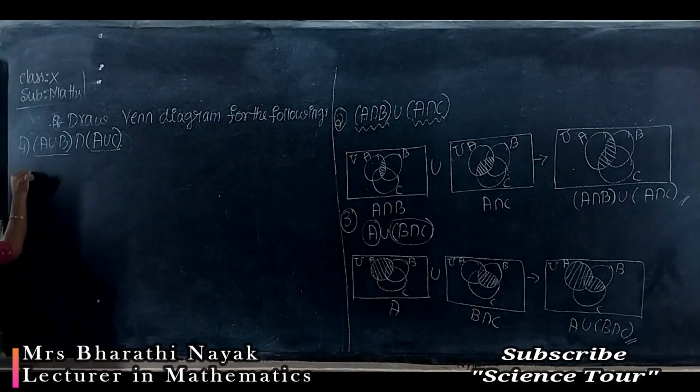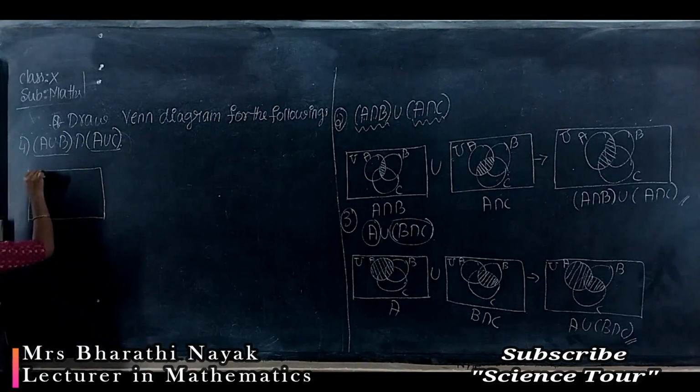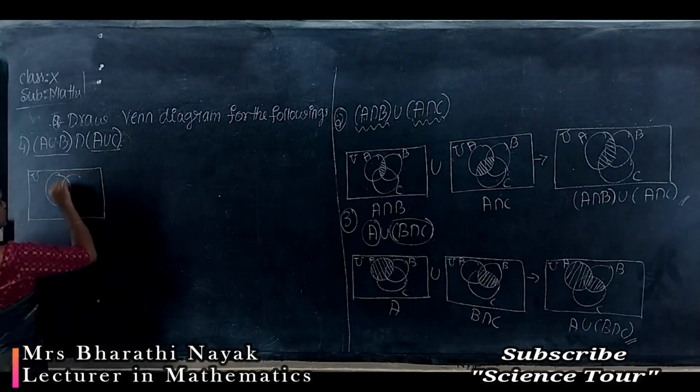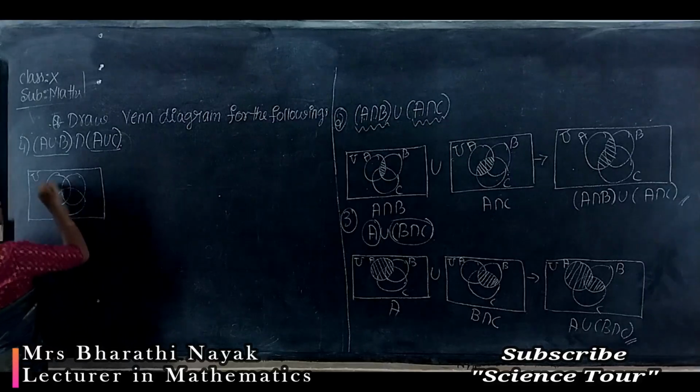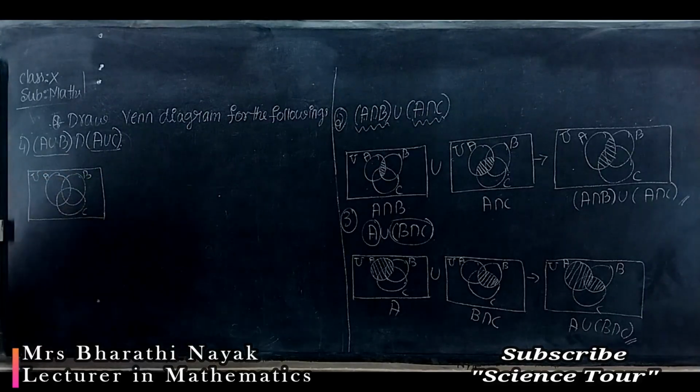Understood now? So again a Venn diagram. This is your universal set. I'll consider three sets. This is A, this is B and this is your set C.